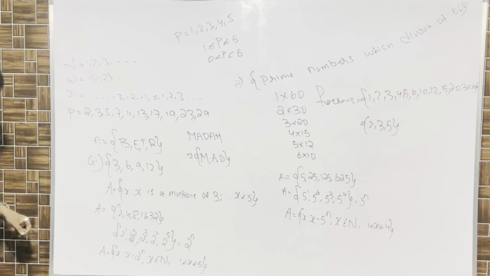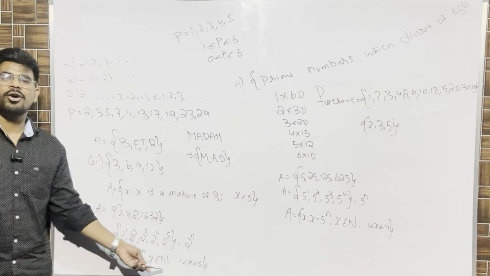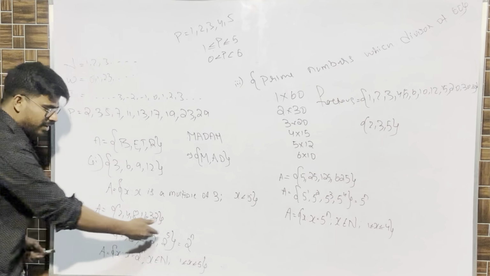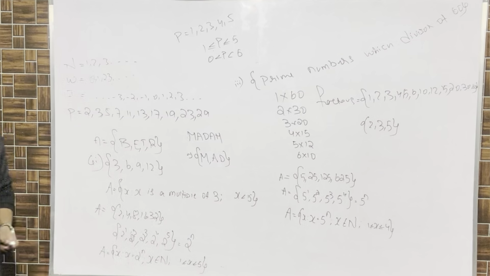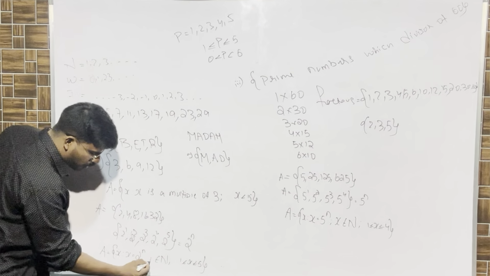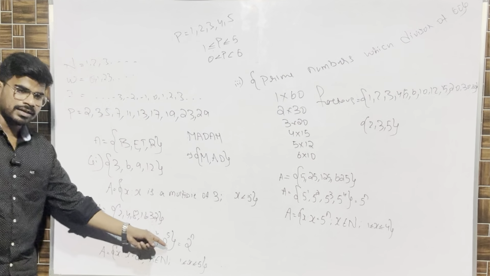What is it? The limit we are setting is for x. We have to set the limit for n. n belongs to natural numbers, and this limit is also for small n, the power. Power is n. Instead of x, you have to write n over there. We are not setting the limit for x but for small n. These power numbers are starting from 1, not the base.